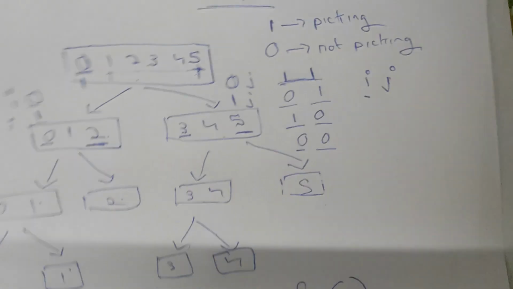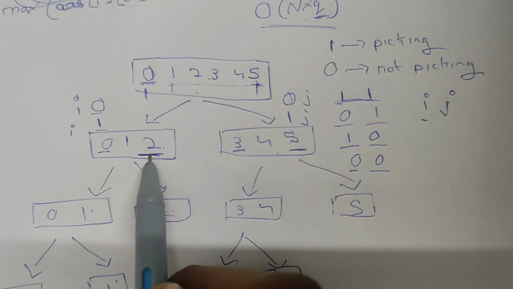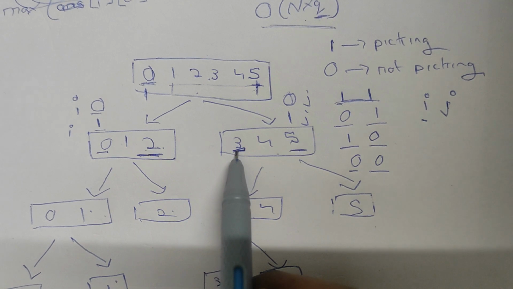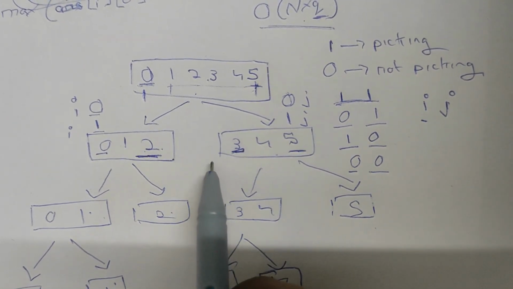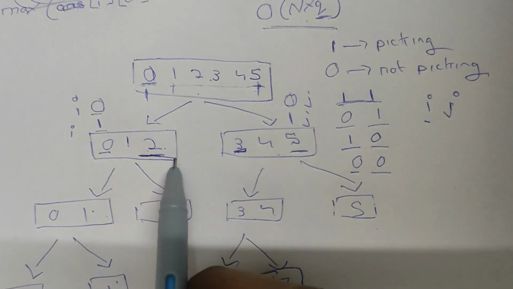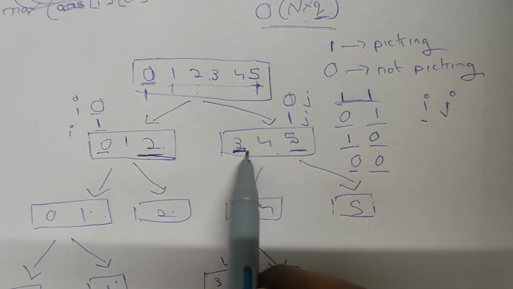So if the left child had chosen 2 over here, the right child can't choose 3, because then 2 adjacent elements will be chosen. But if the left child doesn't choose 2, the right child has the option to either choose 3 or not choose 3.